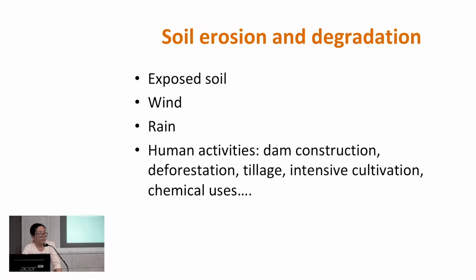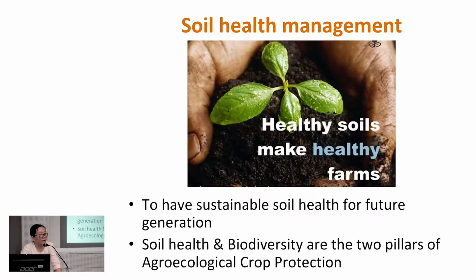The main reason is mostly human activities: building dams, deforestation, tillage, intensive cultivation, and using a lot of fertilizer and pesticides, which also contribute to soil erosion and degradation. Therefore, we need to manage soil health to have sustainable soil health for future generations.